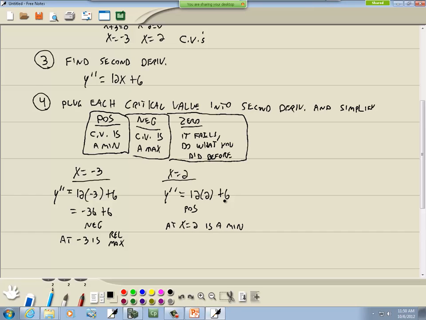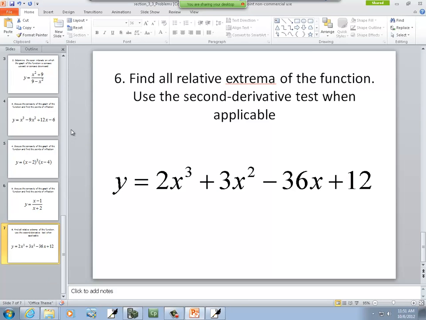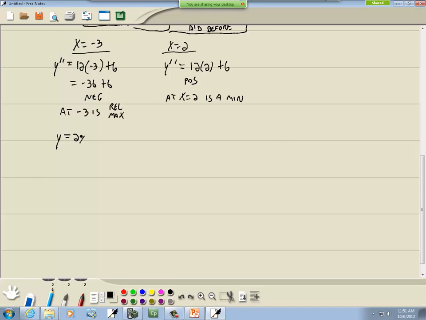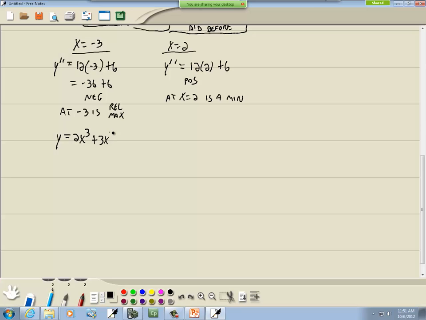Now, just like before, we still have to find our y values. So here, I'm going to take -3, plug it back into my original function, whatever that said. Wow, that's nasty. Okay, 2x to the third plus 3x squared minus 36x plus 12. So plug -3 in there.